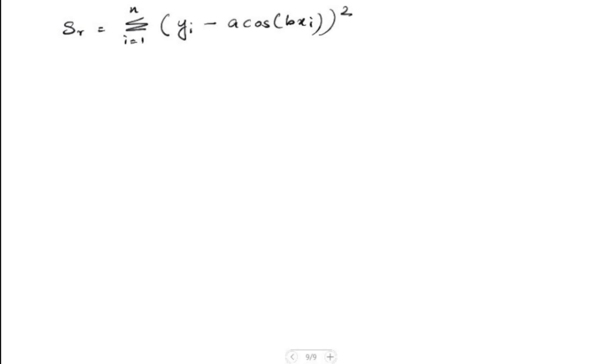Just like in the previous task, S sub r is the summation of all your residuals. Then we have to minimize S sub r, so we differentiate it with respect to a and b, our unknowns.